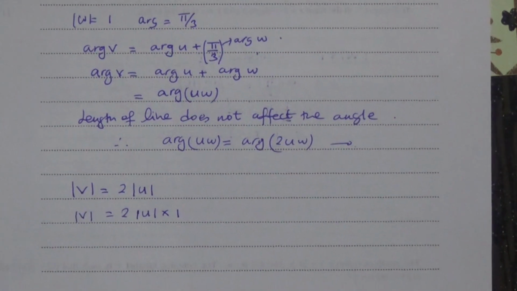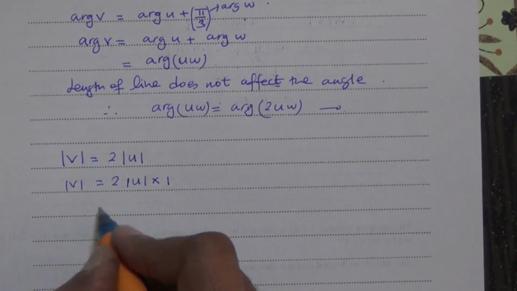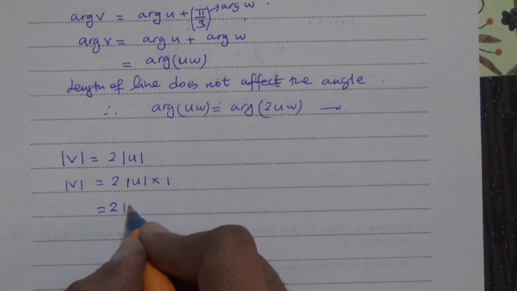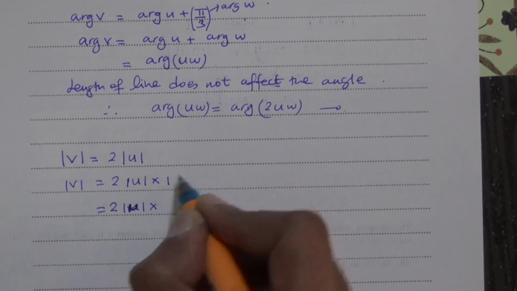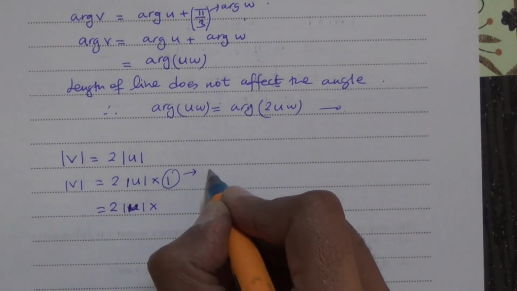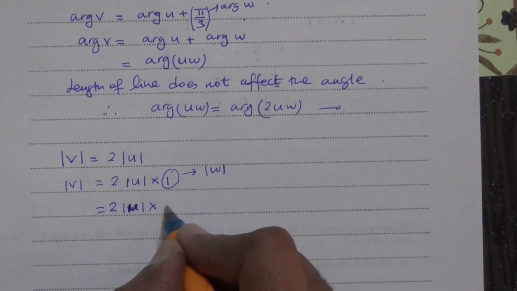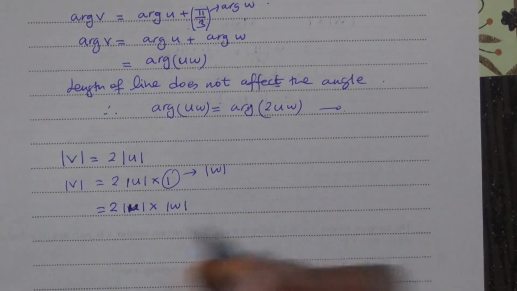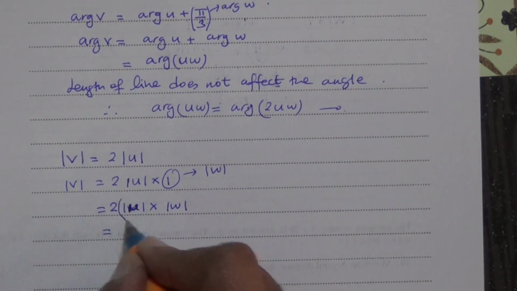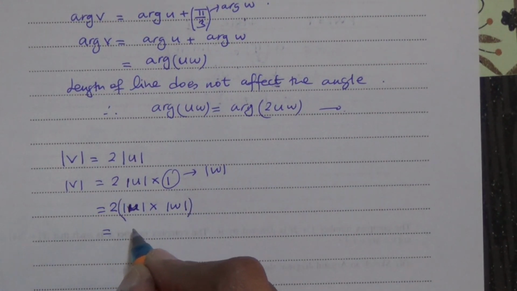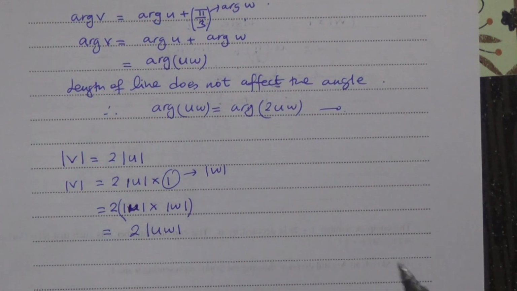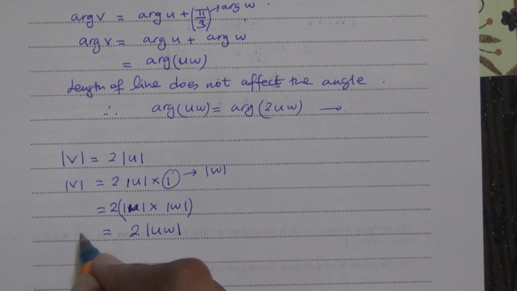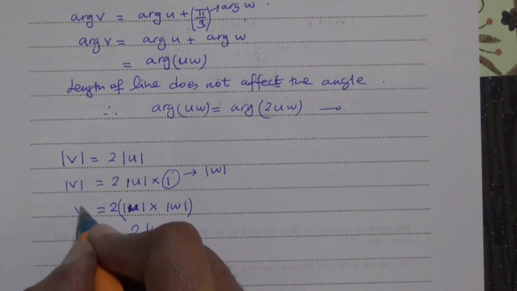So basically what we're saying is 2 multiplied by the modulus of U, times the 1. 1 is also the modulus of W, so we can say times the modulus of W. We can put this in brackets, so we've got 2 times the modulus of UW. So this is the modulus of V.